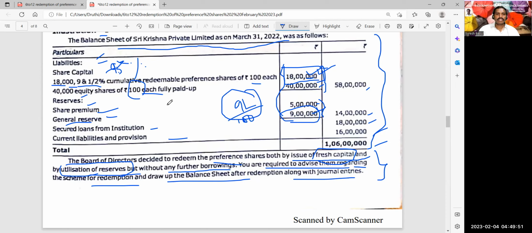That means you are issuing 9,000 shares of 100 rupees each. So you get 9 lakh rupees. Got my point? After getting 9 lakh rupees, this will be transferred to capital redemption reserve. Total becomes 18 lakh. This 18 lakhs will be repaid to preference shareholders.